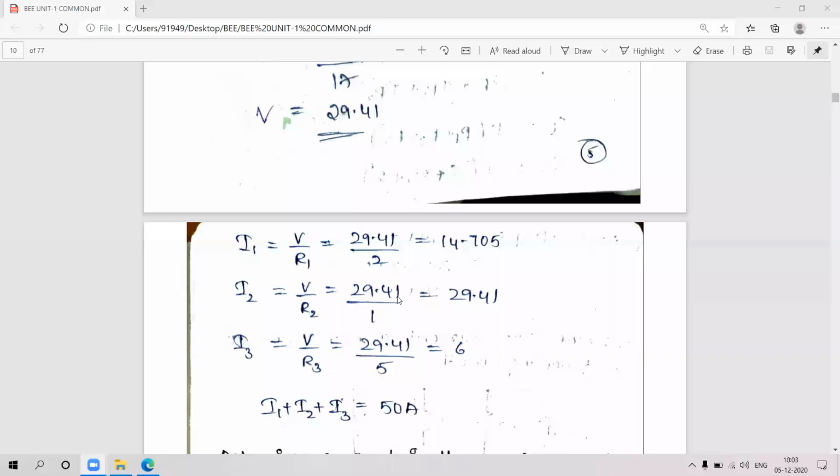I2 is 29.41 divided by 1, that is 29.41. And 29.41 divided by 5 is approximately 6. When you add these three values, we need to verify Kirchhoff's current law, that I is equal to I1 plus I2 plus I3. If we add all three, you will get approximately 49.9999, which is approximately 50 amperes.